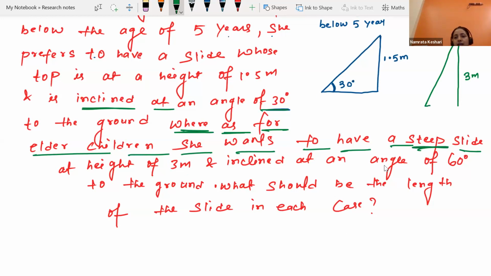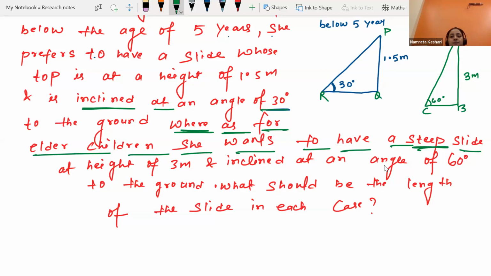So this one is inclined 60 degree with the ground. What should be the length of the slide in each case? We have to find the length of the slide in each scenario. Now how to draw the figure, is that part crystal clear to everyone?